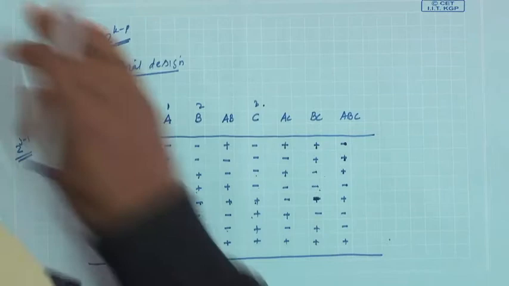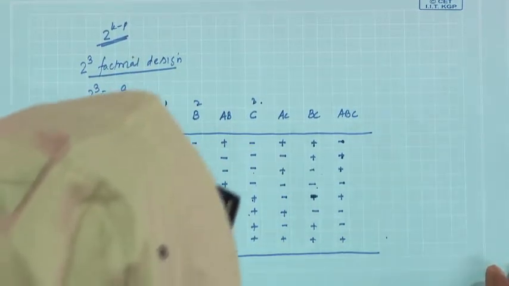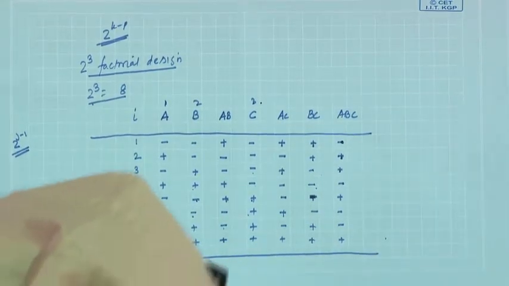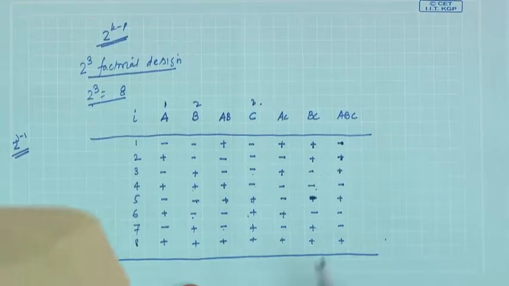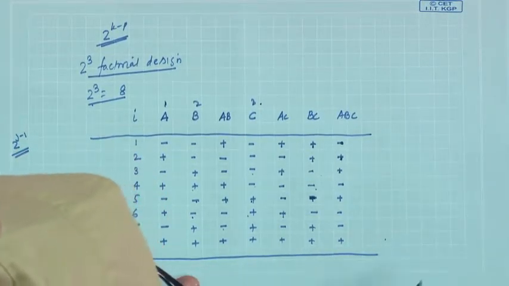This is the algebraic sign matrix that you have seen earlier. Okay. Now, here you do some kind of readjustment.